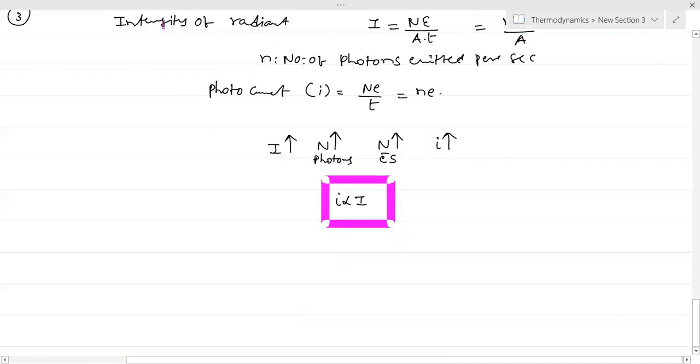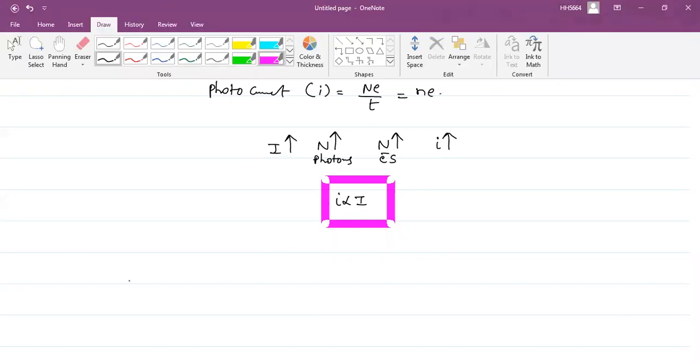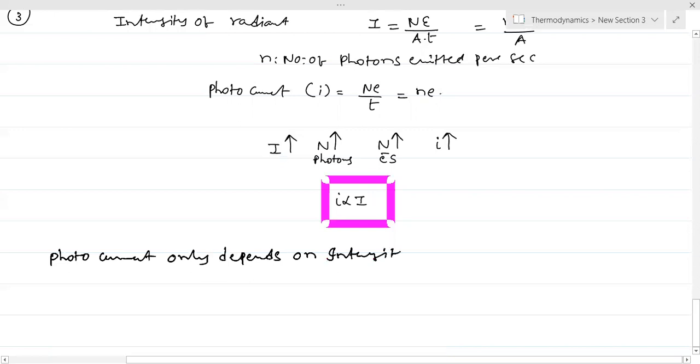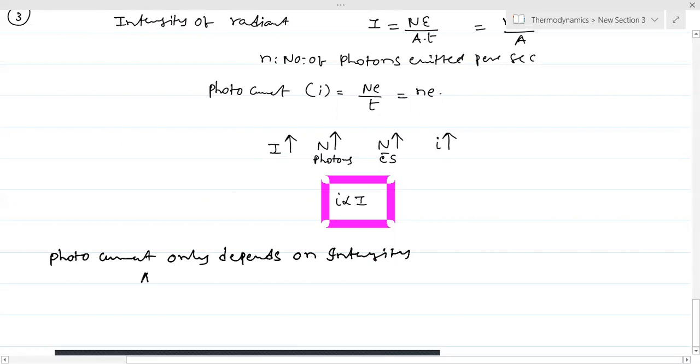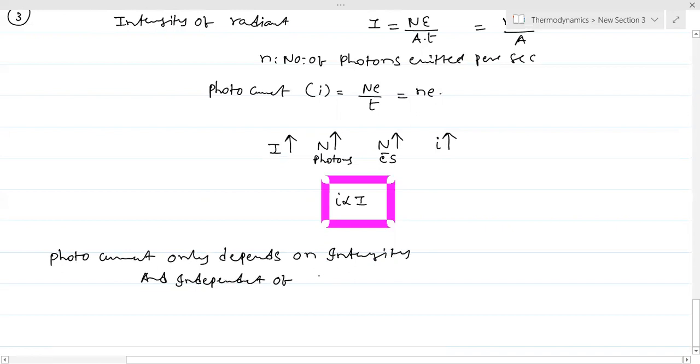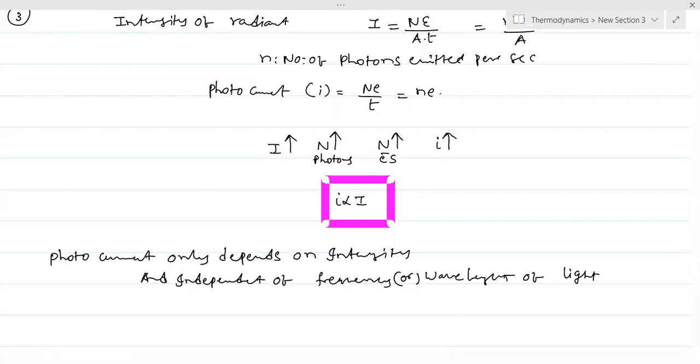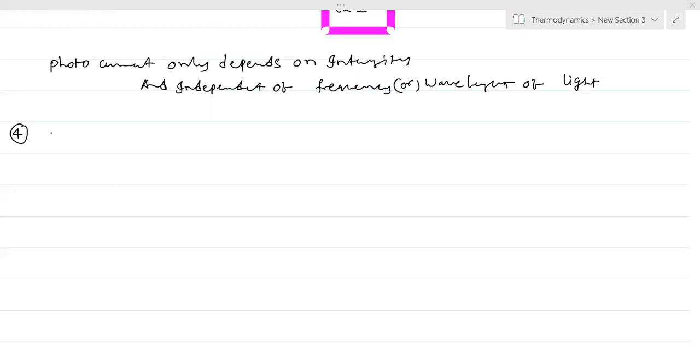The photocurrent only depends upon intensity and is independent of frequency or wavelength of incident light.